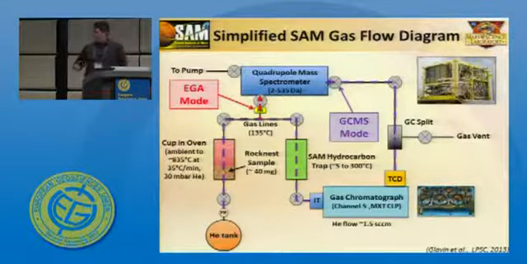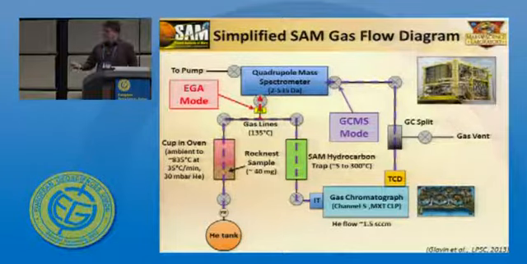So what happens once the sample is delivered to SAM? It is put in an oven, which can be heated up to about 800 degrees C for about 20 minutes at rates of 35 degrees per minute. During this time, the sample is continuously flowed with helium to be delivered directly to the mass spectrometer for EGA analysis.